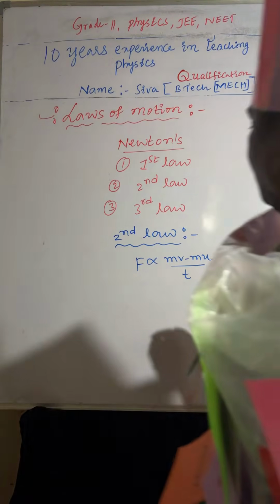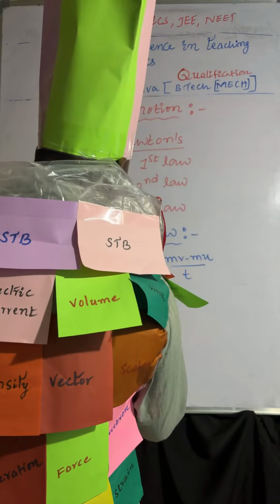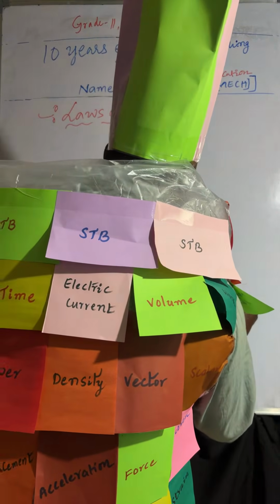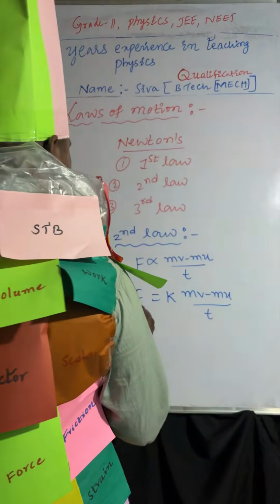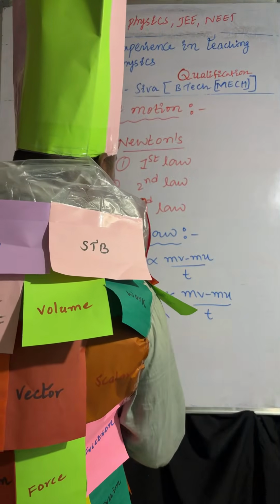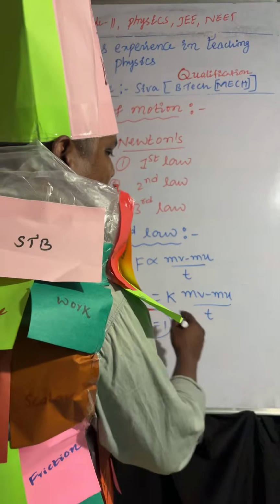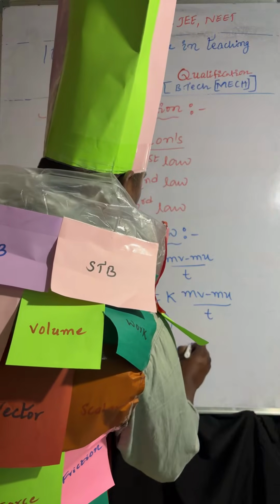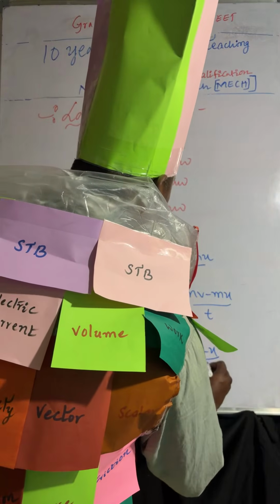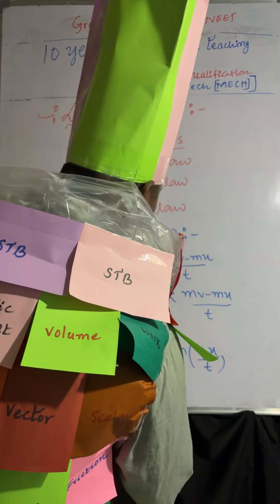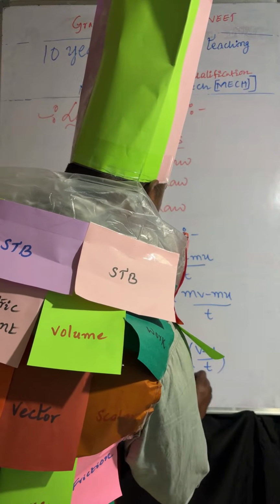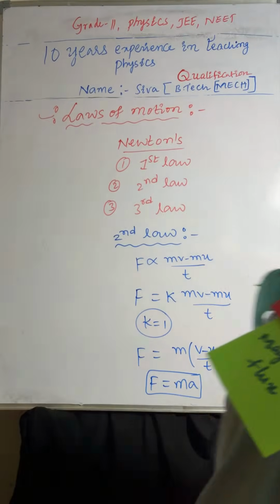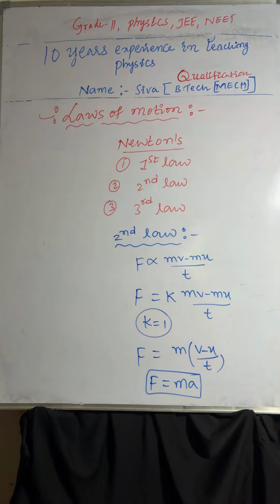So F equal to K into (mv minus mu) by T. K equal to 1. Then F equal to m into (v minus u) by T. What is (v minus u) by T? That is acceleration. F equal to ma.